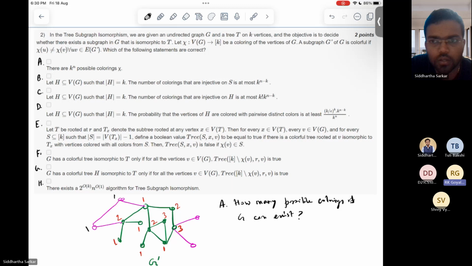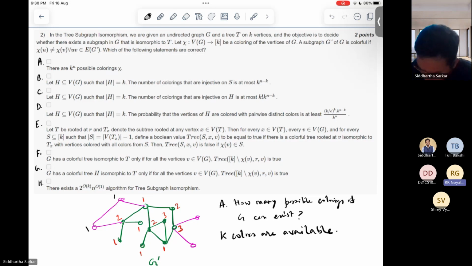Since we have k vertices in the subgraph, and for each node we have k possibilities. K colors are available. And we have to only consider the k vertices. I mean, how many vertices are there in the originally given graph? It is not given, is it?